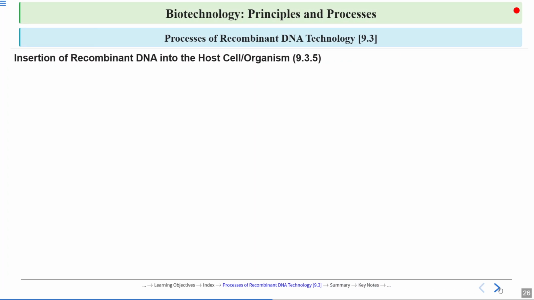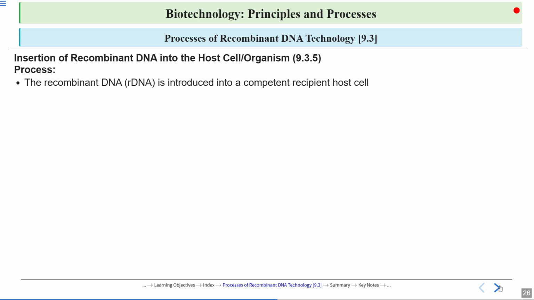This is the same figure. Now, after we got this recombinant DNA, it's time for insertion of this recombinant DNA into the host cell, the host organism. What is the process? This recombinant DNA is introduced into the competent recipient host cell. We have talked about what a competent host cell is in the last class: the cell which is suitable to take up this recombinant DNA.